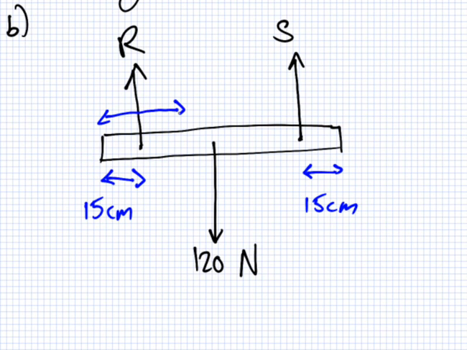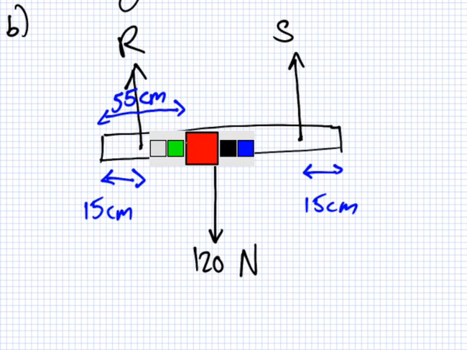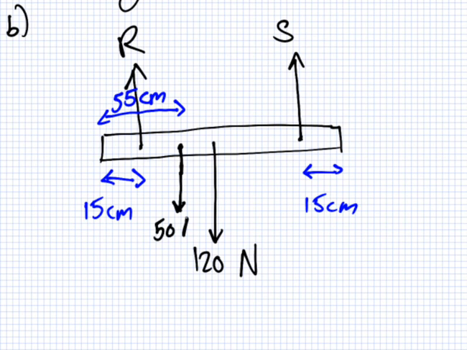And also there's 120 newtons here, and there's something on the shelf, isn't there? Where is it now? It's placed 40 from A, and it's 5.1 kilograms. Okay, so it's 40 from A.